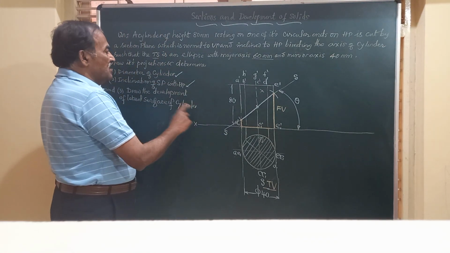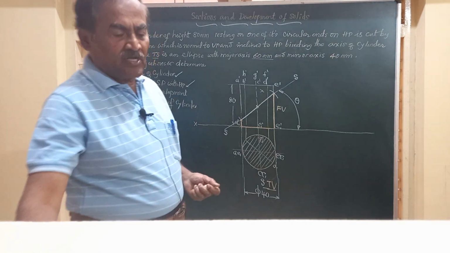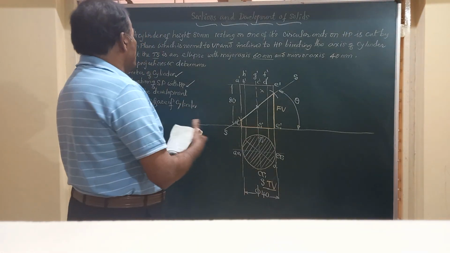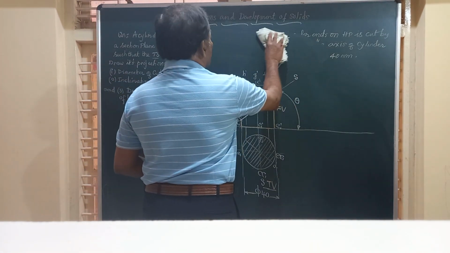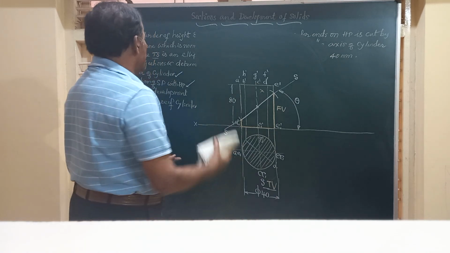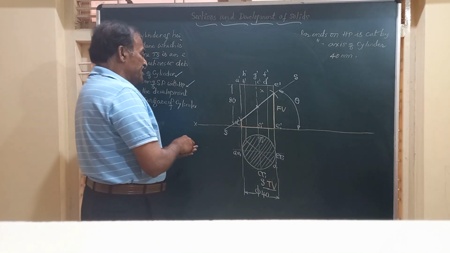Then friends, after this, you have to show the true shape of the section as an ellipse. Friends, I will just remove a part of this for drawing the other part. That is the true shape I have to mark. How to mark, friends?